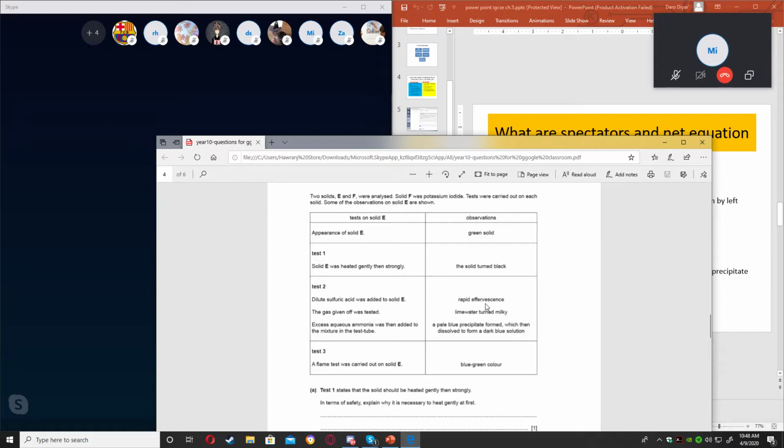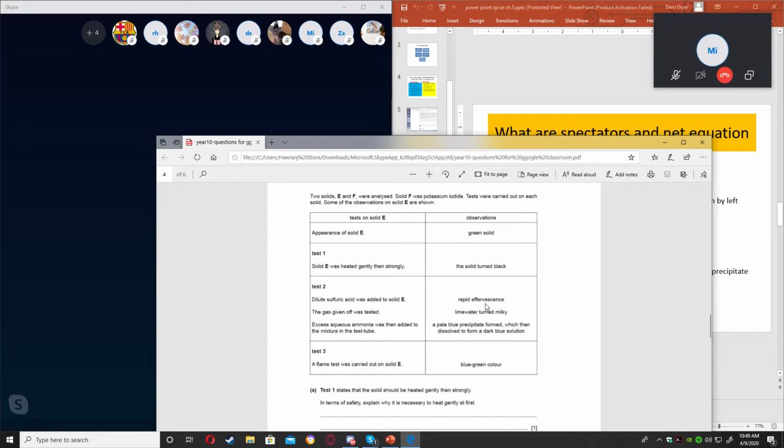In this question, it gives us solids E and F. They were analyzed. Solid F was potassium iodide, and the test will carry, then we will have this observation.